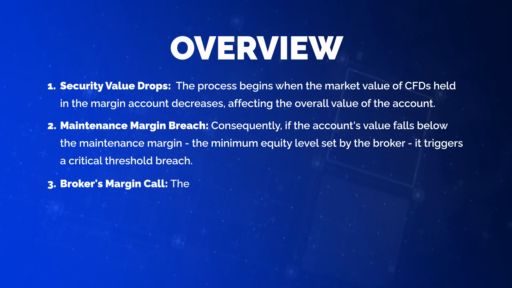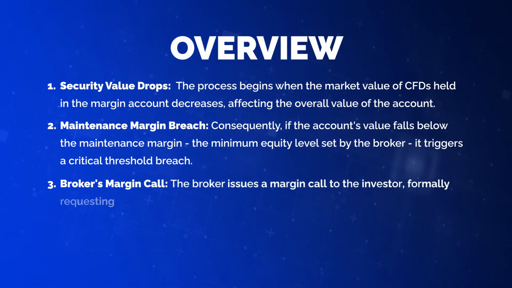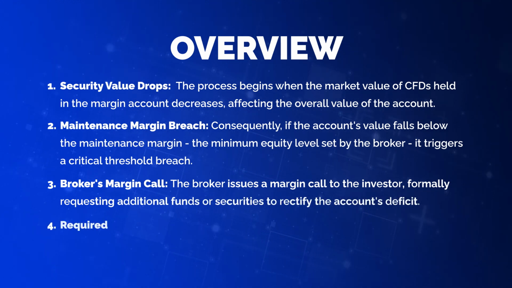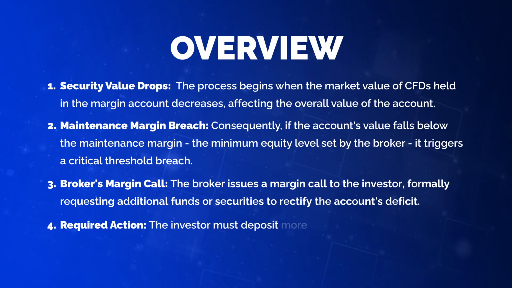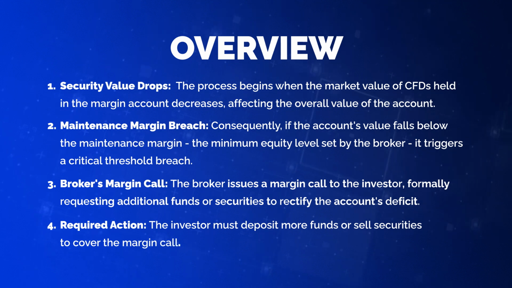Broker's margin call. The broker issues a margin call to the investor, formally requesting additional funds or securities to rectify the account's deficit. 4. Required action. The investor must deposit more funds or sell securities to cover the margin call.